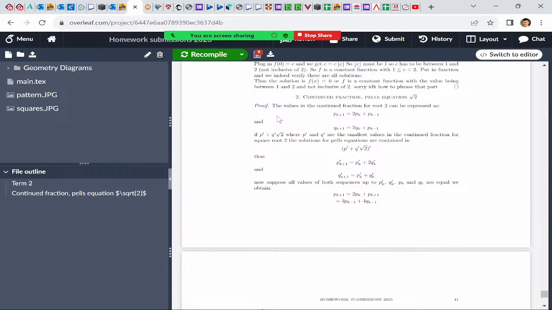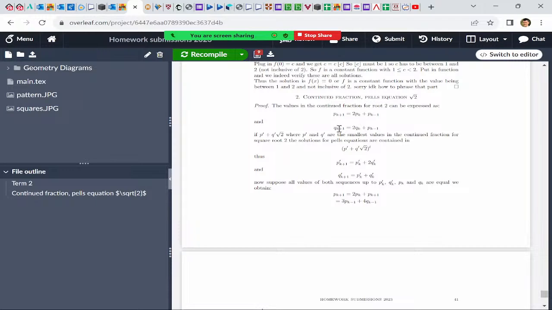So the continued fraction for root 2 can be expressed as... Is that correct? So k is something something, yeah? It's not true for k equals 2, 1 or 0.